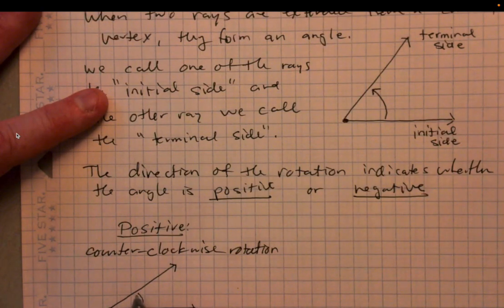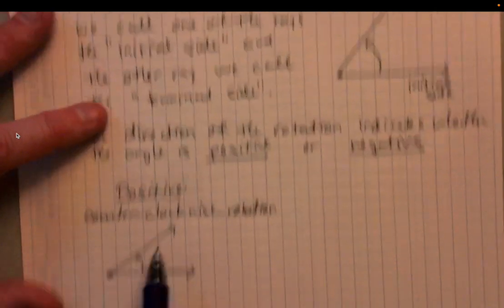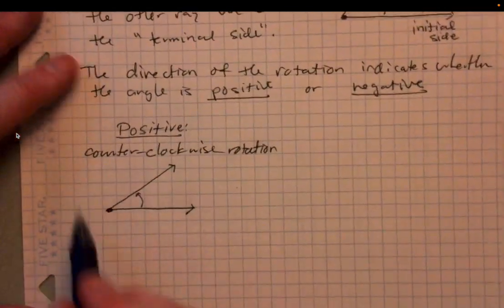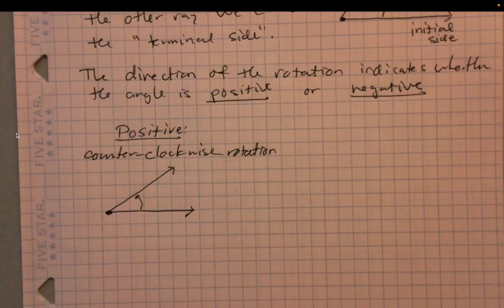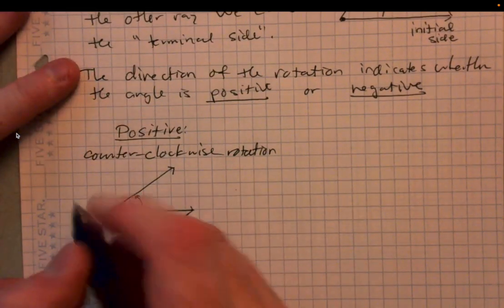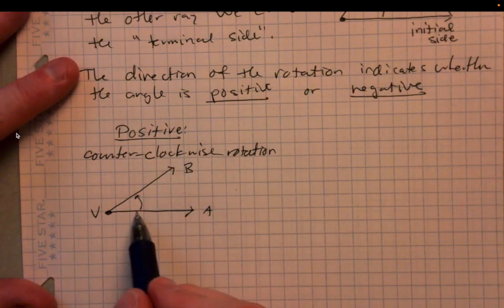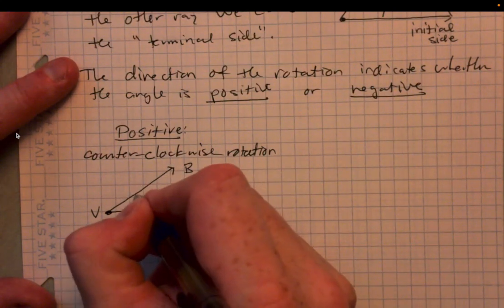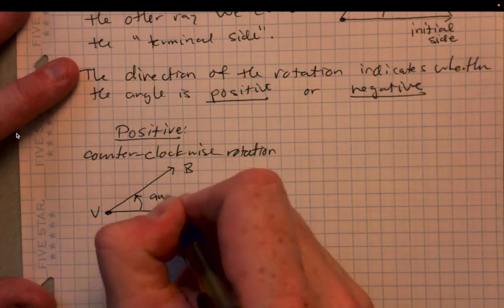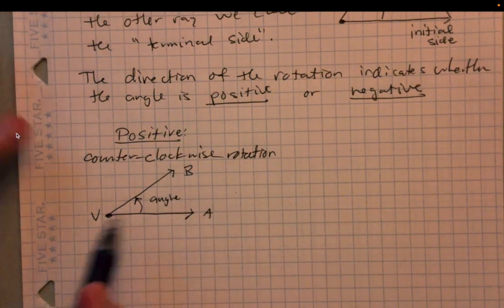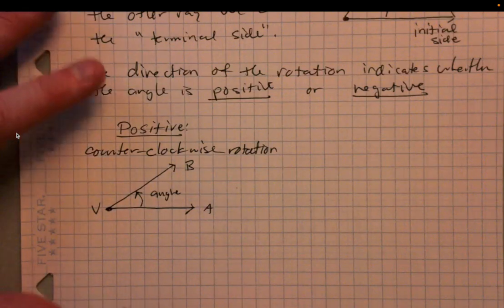The angles move counterclockwise, so they would move around a clock backwards. So this is our V and our ray A and ray B. This is our angle, and this would be an example of a positive rotation.